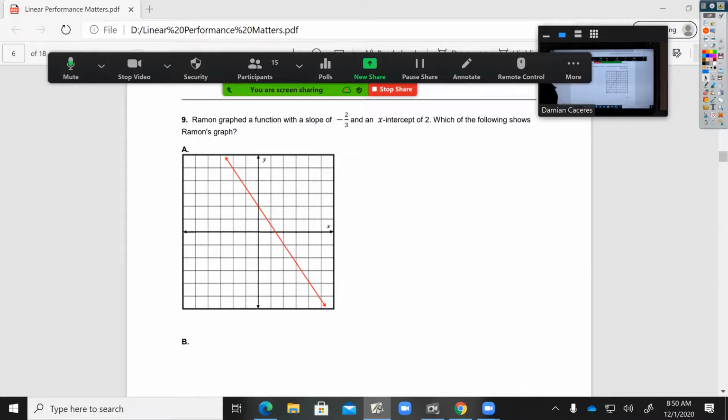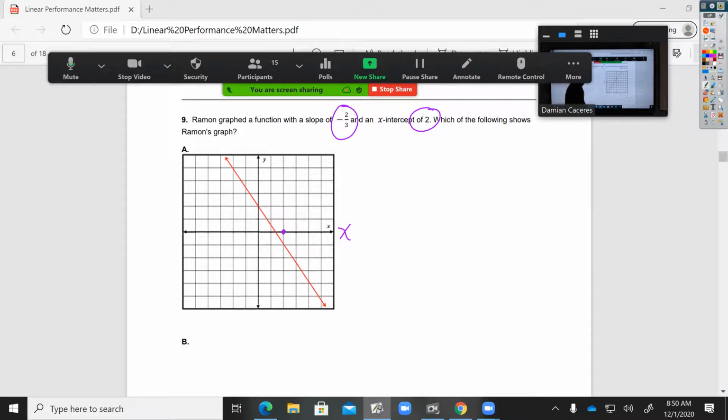Alright, so again on this one we have to choose a graph. They give us the slope, negative 2 over 3, and an x-intercept of positive 2. So x-axis would be right here. Positive 2 on the x-axis is that purple dot. The red line does not go through that purple dot.